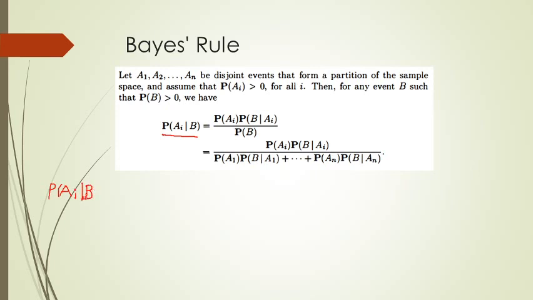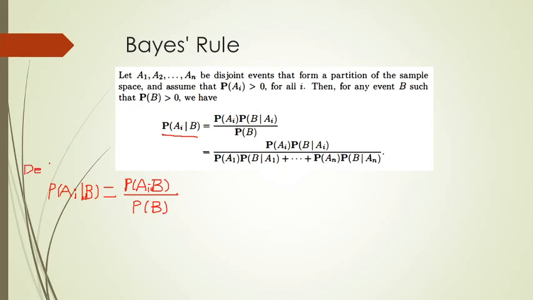Event B occurs, and then the probability of some partition event AI. According to the definition of conditional probability, this will be the probability of AI intersect B over the probability of B.